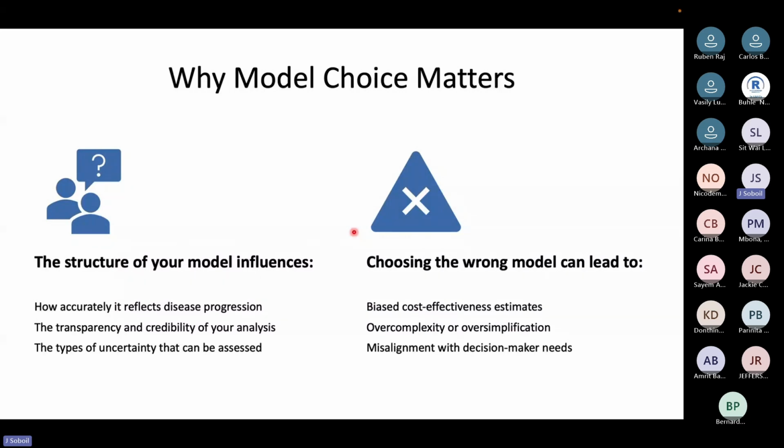Whereas on the other extreme, if you are working on a highly novel gene therapy within the UK, for example, you might need a more complex model to accurately reflect the value of the product and how it might reduce chronic complications over time, for example, and therefore lead to cost savings. So a gene therapy, for example, might be a very expensive once-off cost, but you have to think about how those costs are offset in the long term by the fact that patients no longer need chronic standard of care.